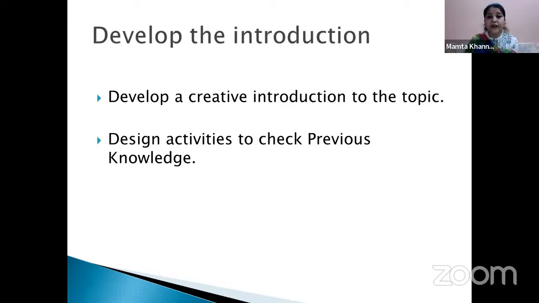Otherwise your class will become monotonous, boring and not engaging. So you need to think in a creative way and have a creative introduction so that your children are hooked with the topic. They derive the lesson topic by themselves.